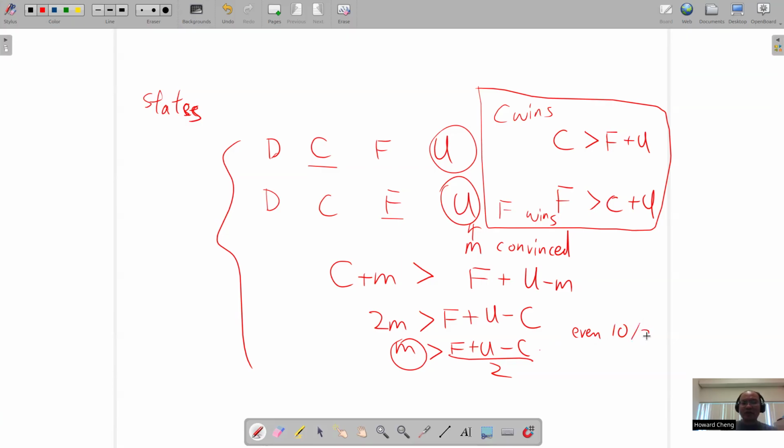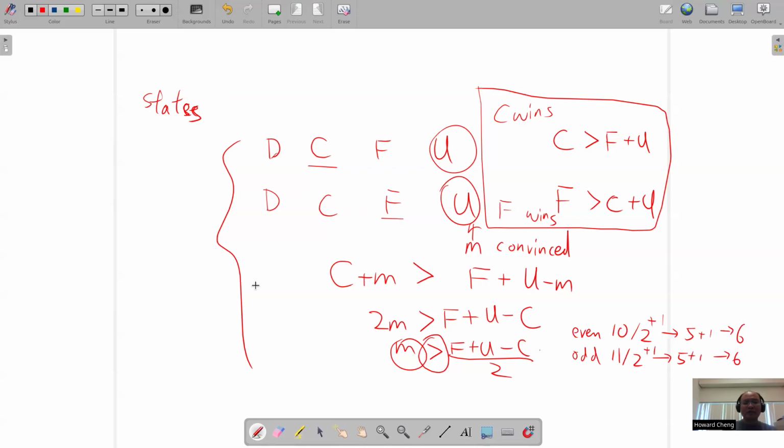Then 10 divided by 2 becomes 5. If it's odd, let's say 11, it also becomes 5 if you do integer division. But in either case, you don't want 5 because you want it to be strictly bigger than this thing over 2. So if you do plus 1, it becomes 6, and it will work no matter whether it's even or odd.